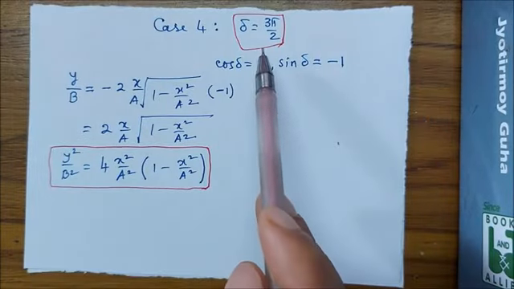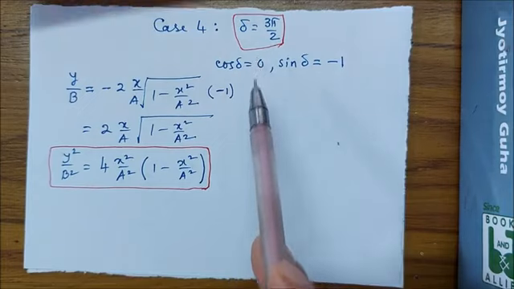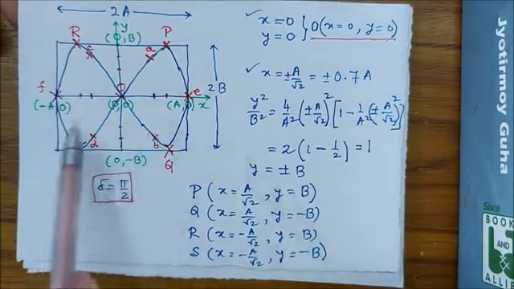So for delta equal to 3 pi by 2, the Lissajous pattern will be same as that for delta equal to pi by 2, and this is the Lissajous pattern.